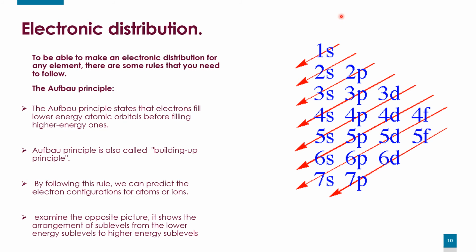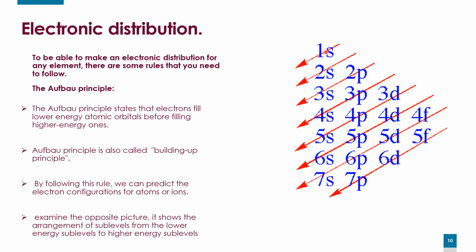Let's see this. This picture is telling me which orbitals or sublevels are with lower energy and which are with higher energy. So the 1s is the first one.